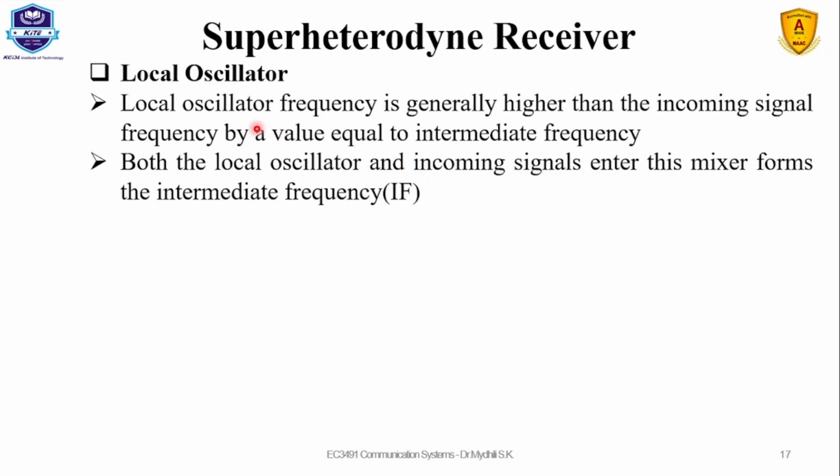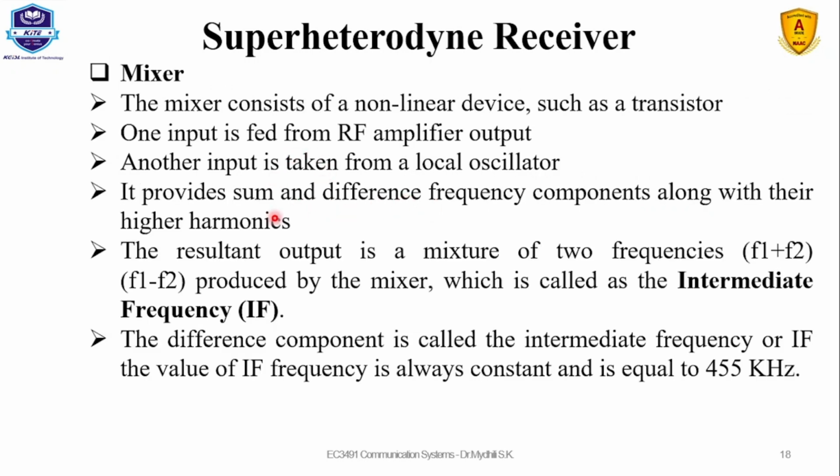Now we'll see what the local oscillator is. The local oscillator is an oscillator which generates a frequency higher than the incoming signal frequency by a value equal to the intermediate frequency. Simply, it is a carrier frequency which is to be generated, and both the local oscillator and the incoming signal enter the mixer, which forms an intermediate frequency in the mixer stage.